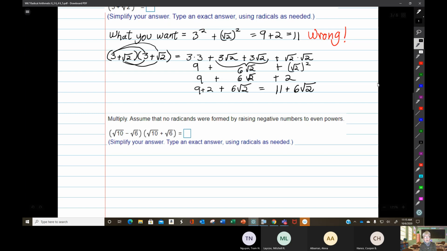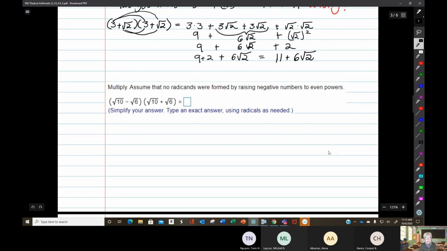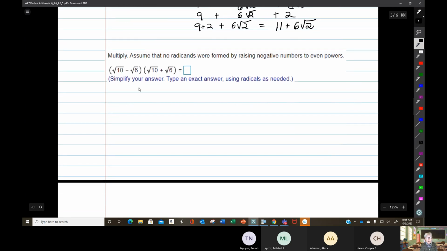So you have to be very, very careful. Now, after I say that, notice what the next problem is. You've got a square root of 10 and a square root of 10. You've got a square root of 6, you've got a square root of 6.